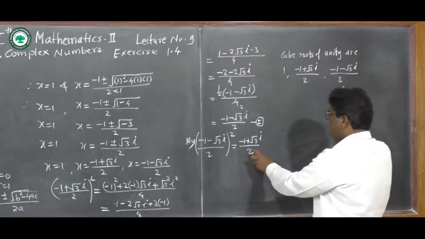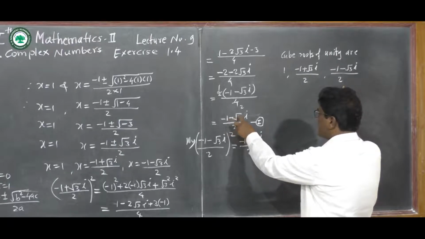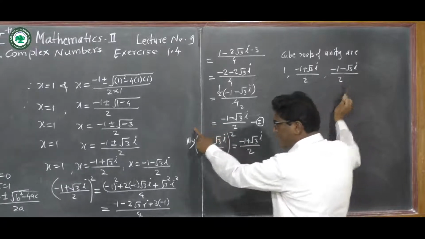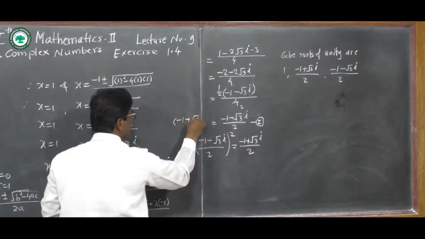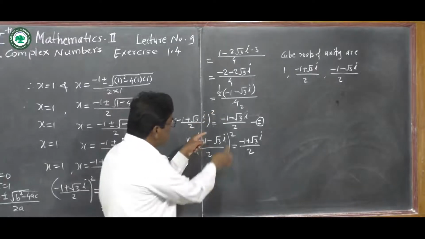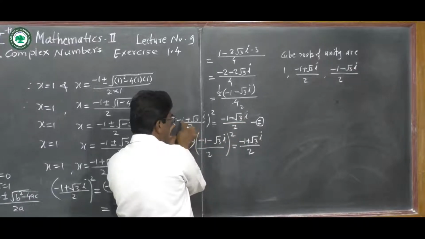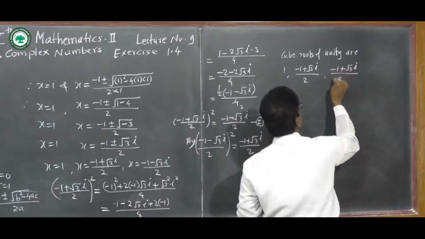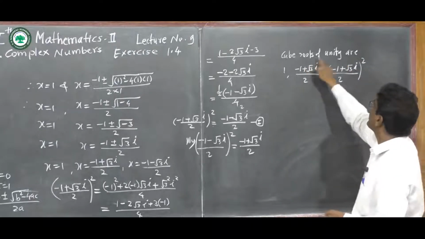But from equation 1, minus 1 minus root 3 i divided by 2 is nothing but minus 1 plus root 3 i divided by 2, bracket squared. So we replace it and write minus 1 plus root 3 i divided by 2, bracket squared. So the cube roots of unity are like this.